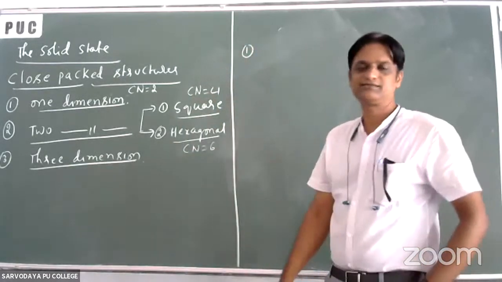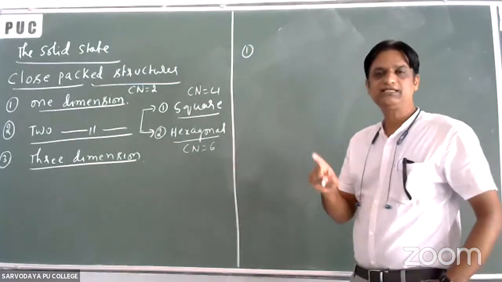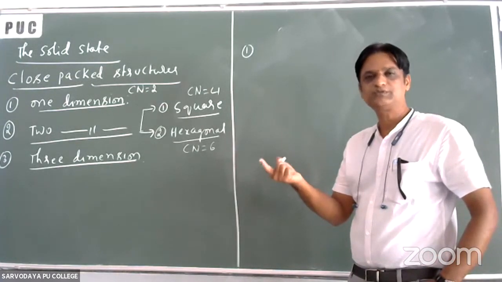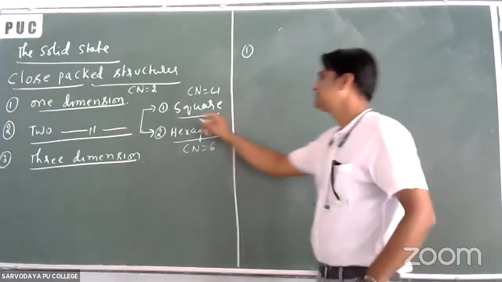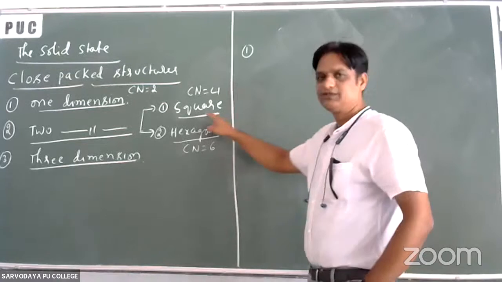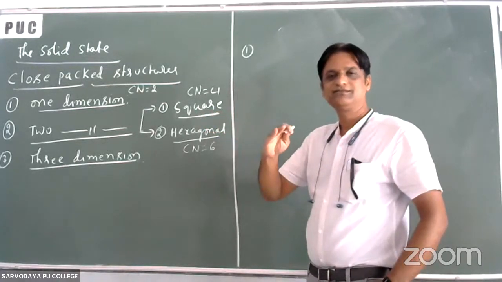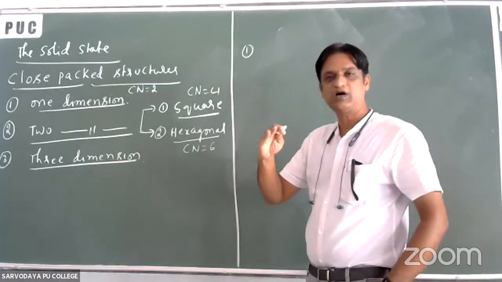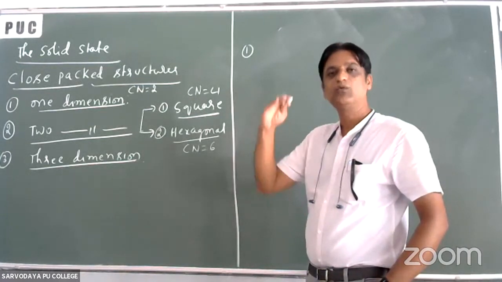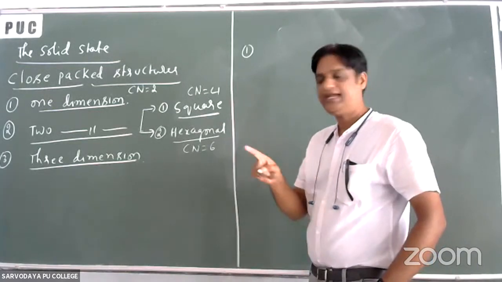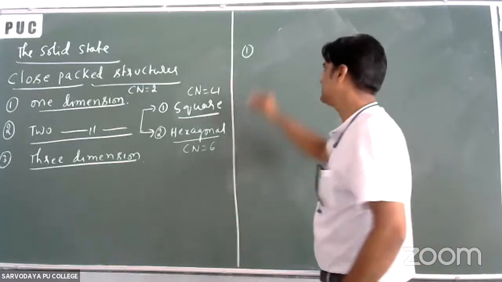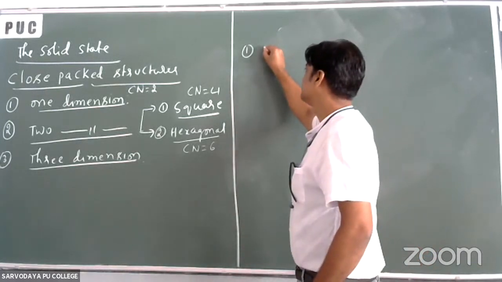First is the three-dimensional structure from two-dimensional close packed arrangement. It can be obtained from square close packed structures. When we arrange the layers of square close packed structure in two dimension, one above the other, we get three-dimensional close packed structure.